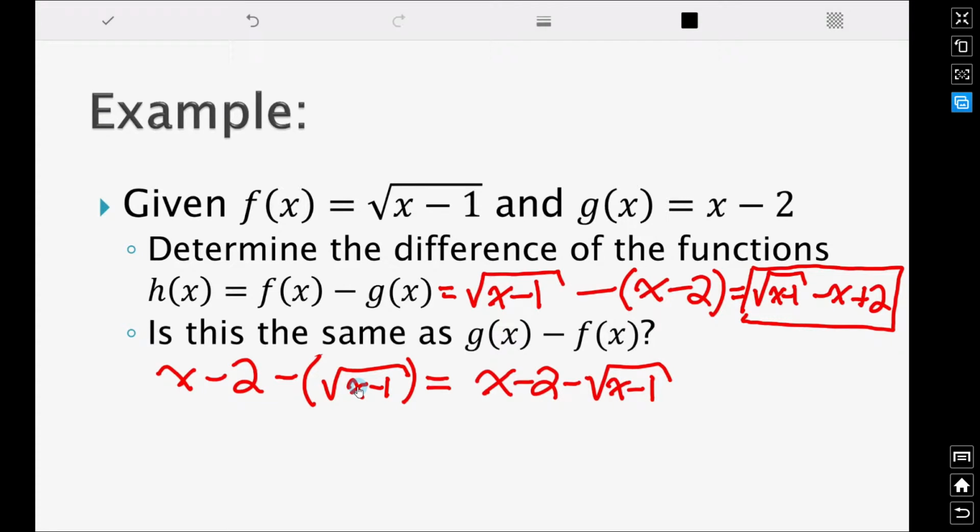So this one's g of x minus f of x. So obviously it's not the same. It looks kind of the same, but not really. So much like subtraction of numbers, if you switch the order, the difference is actually different. Okay, so keep that in mind.